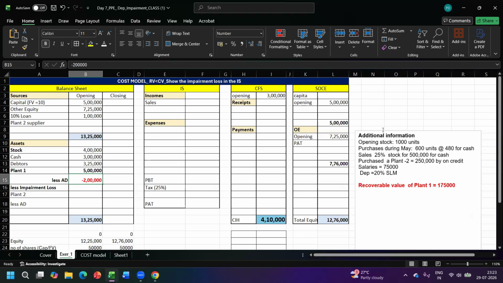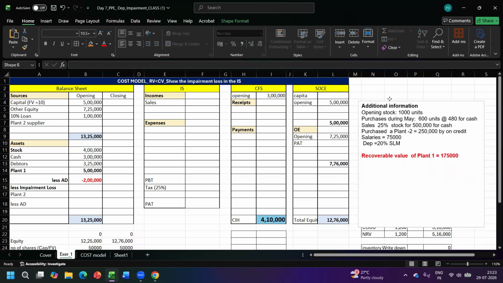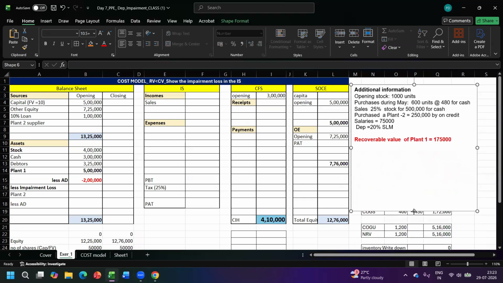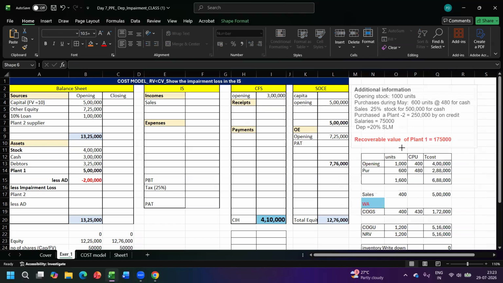So the company is having an opening stock of 1,000 units and purchased during the month of May 600 units at the rate of 480 and sold 25% of the stock for 500. So let us first handle this, and for that we'll apply the Ind AS 2. And so opening stock 1,000 units.